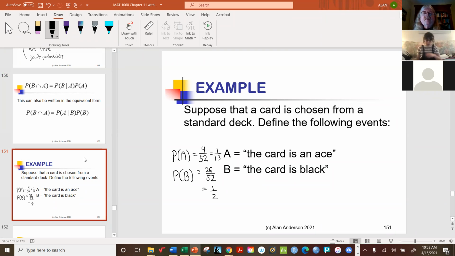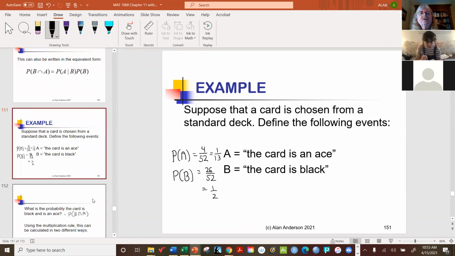Now, these probabilities you can see because there's 4 aces in the deck. The probability of choosing an ace is, of course, 4 out of 52, which can be simplified to 1/13. Because there are 26 black cards in the deck, that probability is 26 out of 52, which is a half.